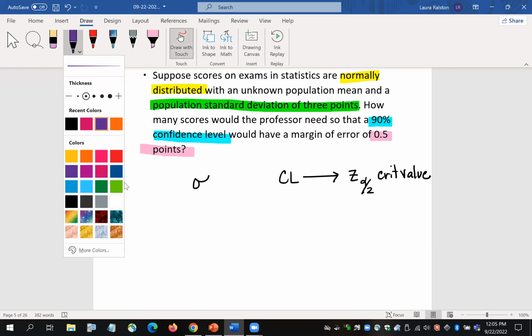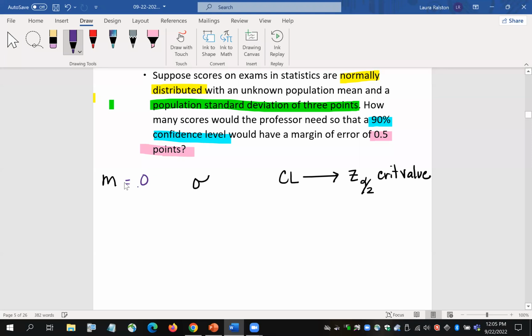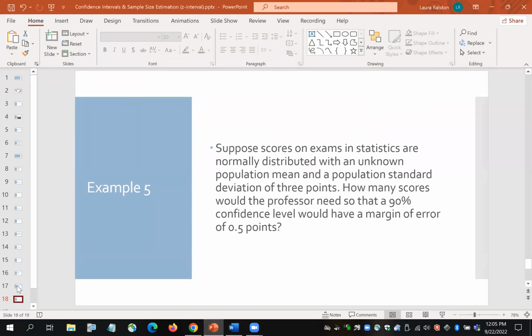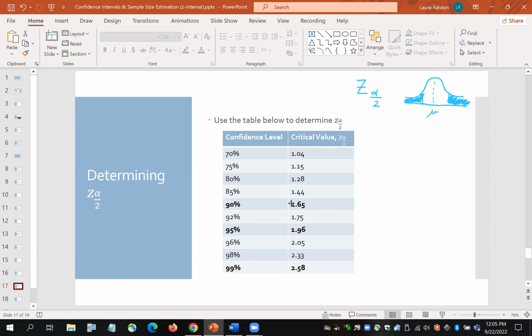My margin of error is 0.5 points. Standard deviation was 3. My confidence level is 90%. And if I go back to that table, 90%, my corresponding Z value is 1.65.